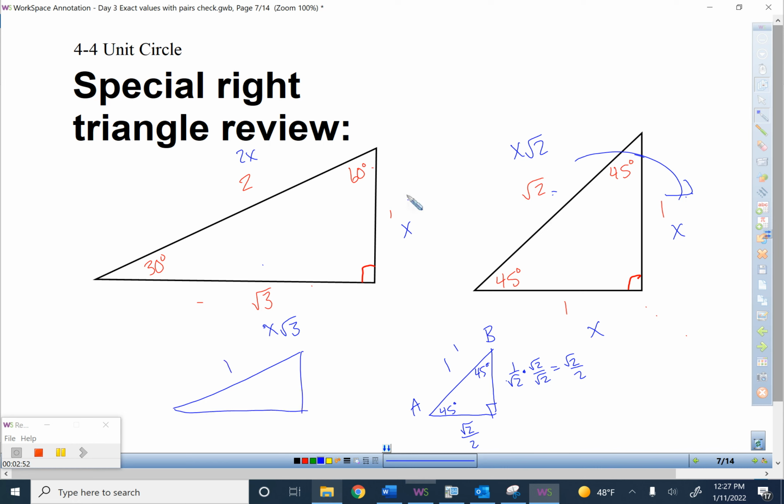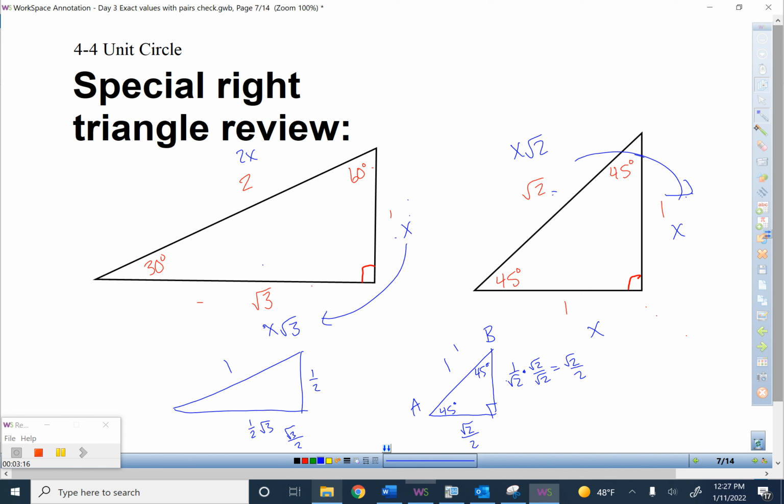So from here to the short leg, we would divide by 2 this time, not square root of 2, based on this pattern. So no need to change that one. And then from here to here, you multiply by radical 3, so this would be 1/2 times the square root of 3. This just looks a little bit funny, so a lot of times it'll be written the square root of 3 over 2 instead.